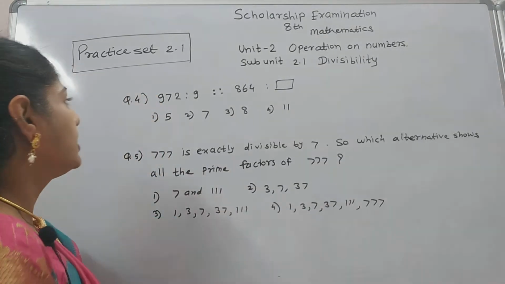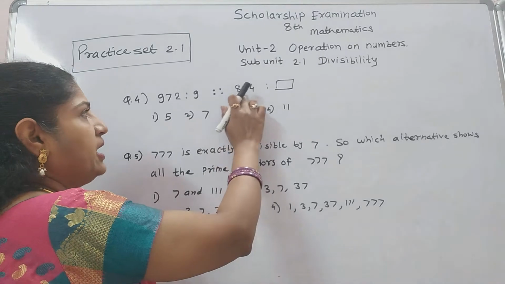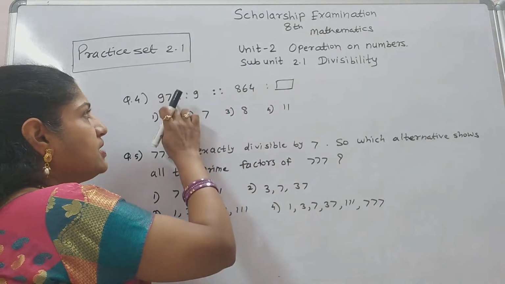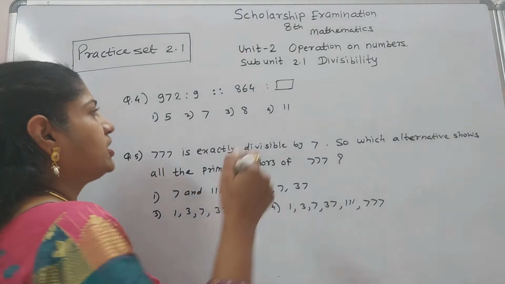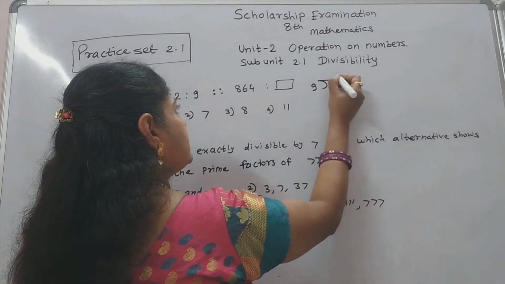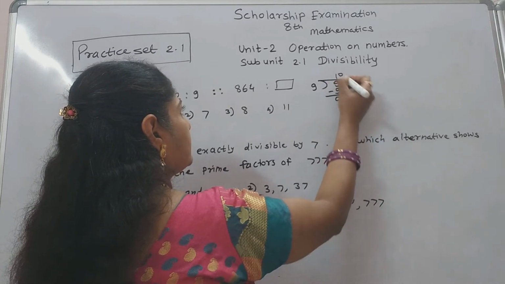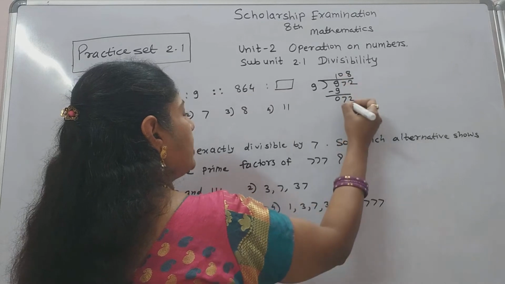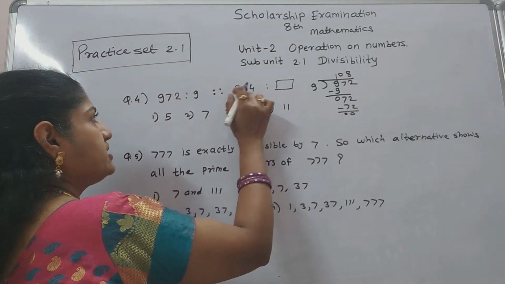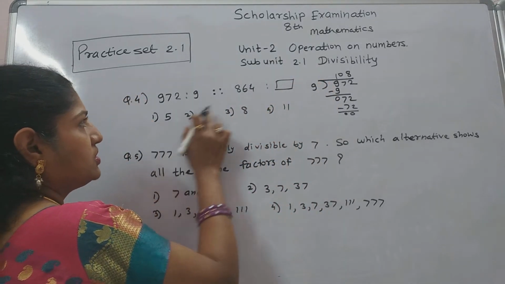Next question is: 972 is divisible by 9 and 864 is divisible by what? Find this number. What is the relation? 972 is exactly divisible by 9, and the answer is 108. So which number is 864 exactly divisible by? 5? No. 7?